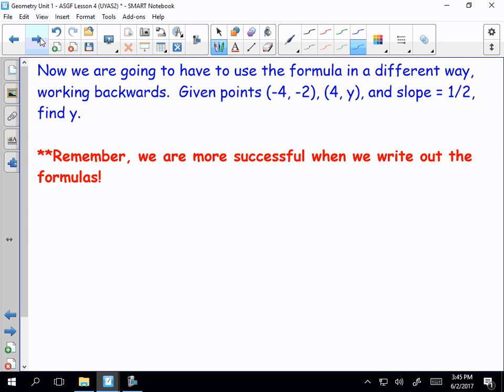Now, if you have a missing piece, and this is one of our last parts here, if you have a missing piece like this and we're missing our y value, we have our slope that we're going to work with. y minus a -2, putting the variable first to keep it positive, and then we have 4 having to pair up that first point and second point minus a -4 equals a slope of 1/2.